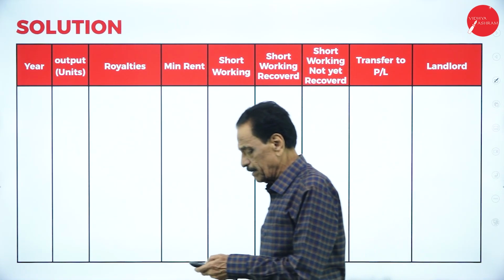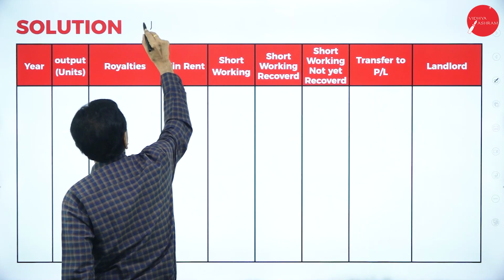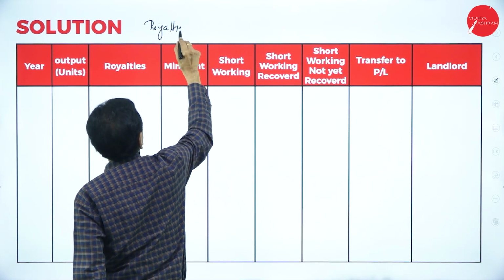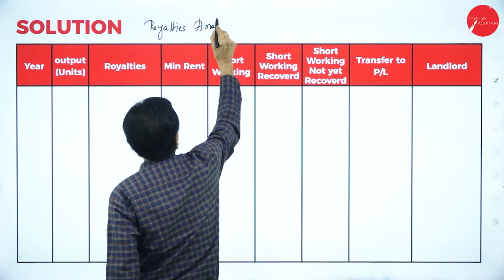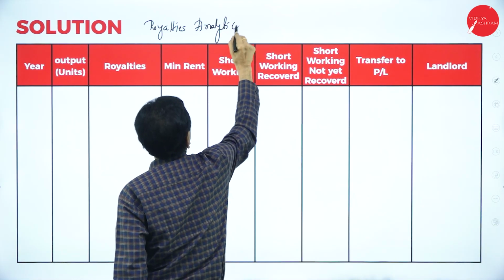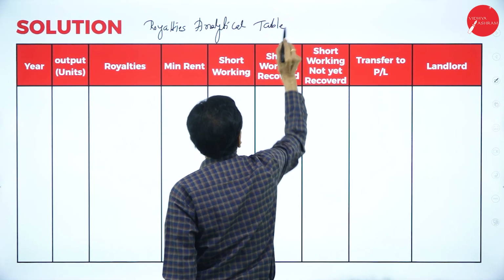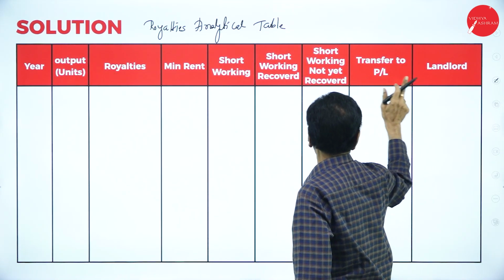So, come back here. This is the royalties analytical table. 1, 2, 3, 4, 5, 6, 7, 8, 9.